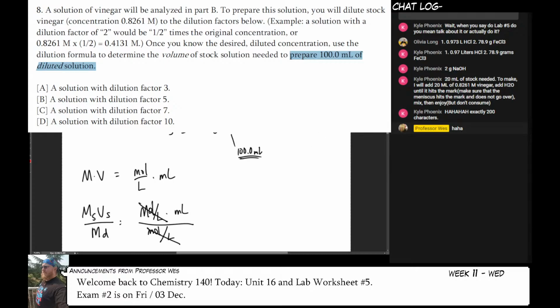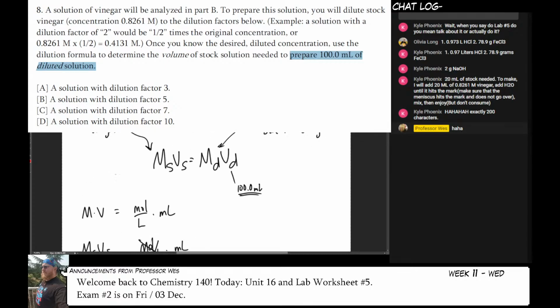So for the dilution formula, it's okay to use milliliters for volume. And if you do that, you get milliliters out as your answer. So just be mindful of that when you are doing these calculations.